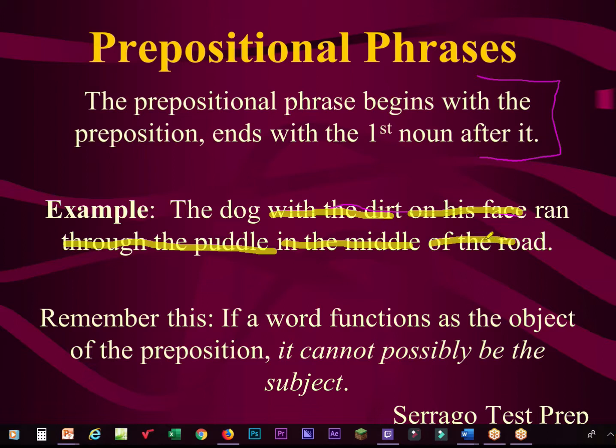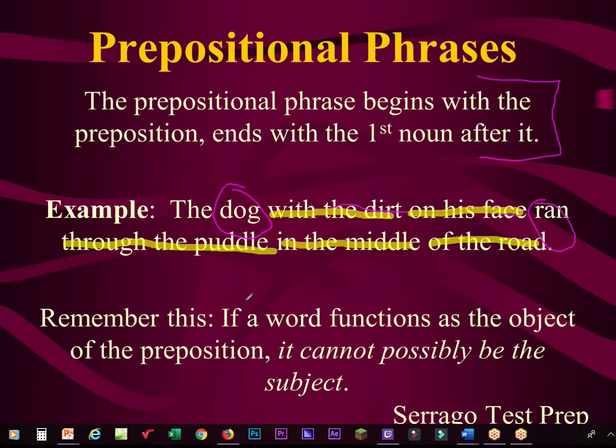Now, once we get rid of those prepositional phrases, let's see what we have left. We have the dog ran. Now, how hard can it possibly be to find the subject and the verb and decide whether they agree or not when you have only these two words to look at?